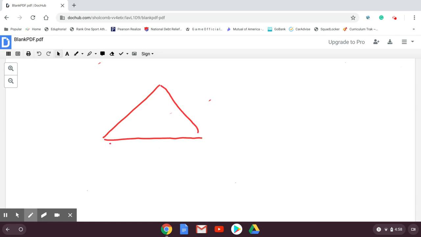Doesn't matter the configuration of the triangle. But in this case, they give me 12 here, 21 here, and an angle of 48 degrees right here. Okay, well, wherever the angle is, that's where your A has to be. So that makes this A, this B, and this C. And that means that the B is there and the C is here.